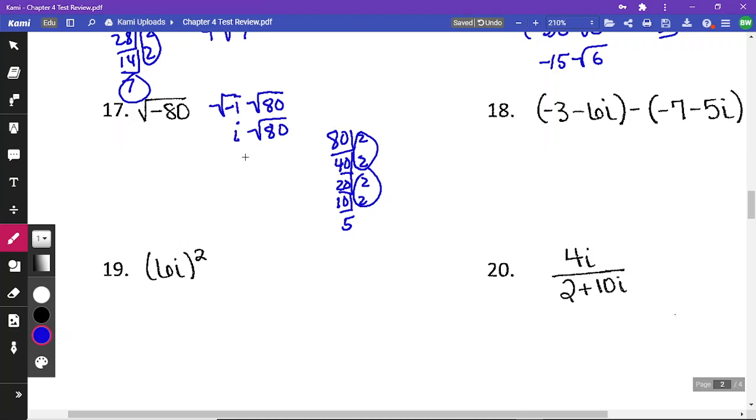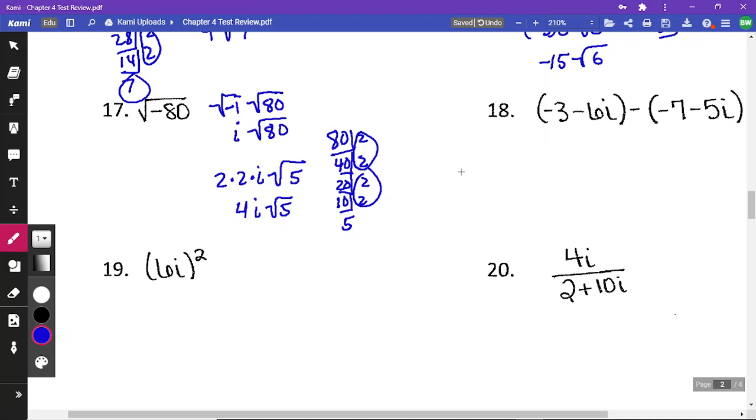Let's write that underneath here, and just remember our i is still there, but outside we have 2 times 2 times i. We can write it that way because the i is still there, right? That's just that. And inside the radical is just 5. So 2 times 2 on the outside is 4. The i is still there, and that's it. Okay? 4i times the square root of 5.